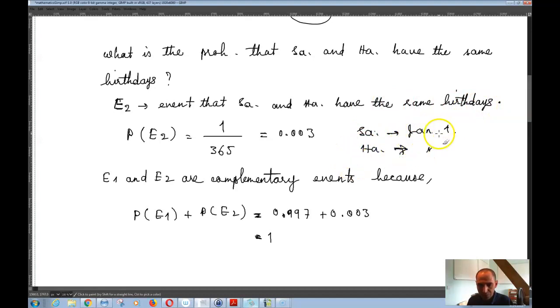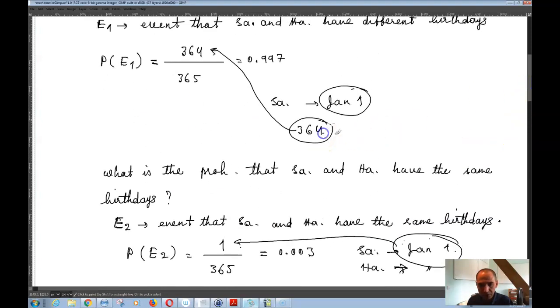And so January 1st, which is only one day of the year, is favorable to this event. And so there you have one day, and there you have 364 days. So you have all the 365 days of the year completely covered. That means that E1 and E2 are actually complementary events.